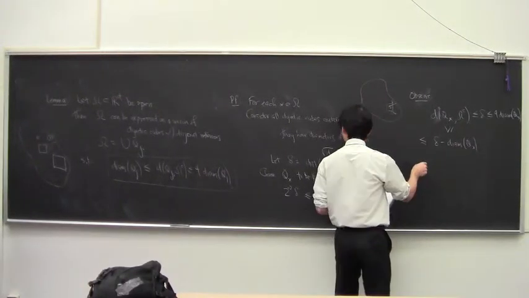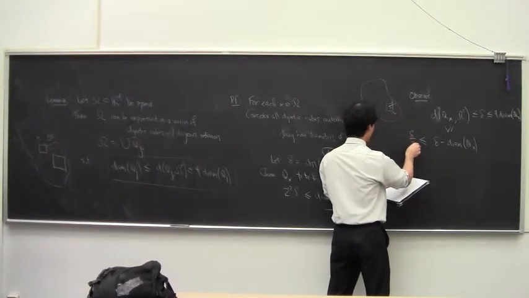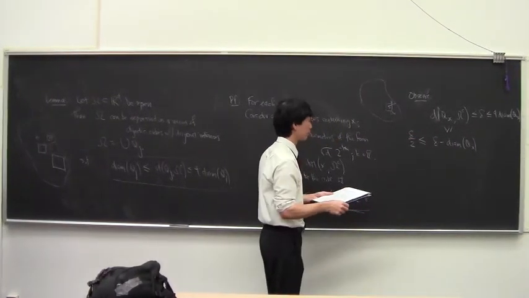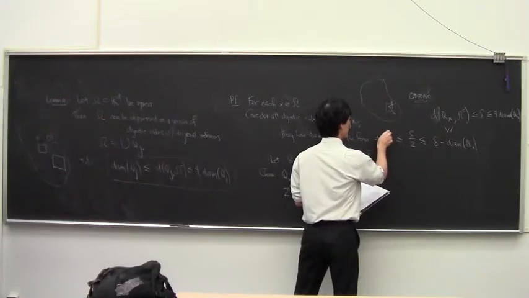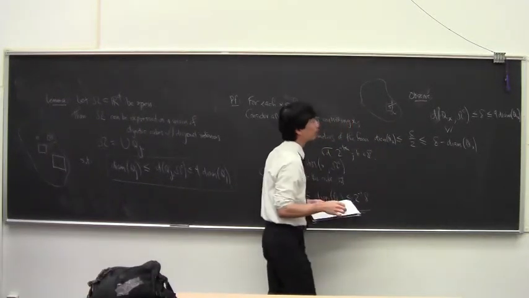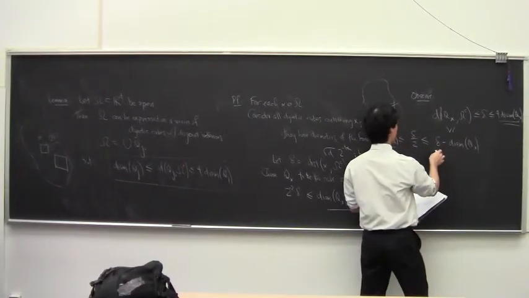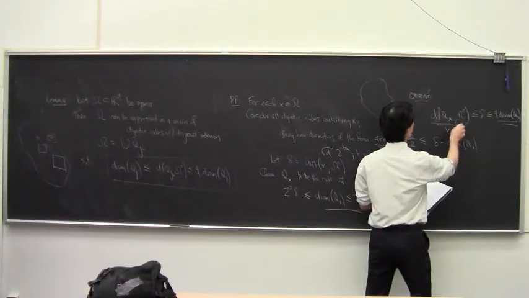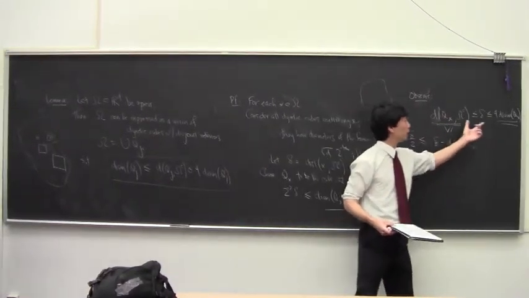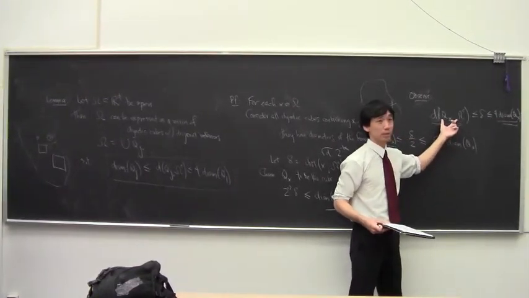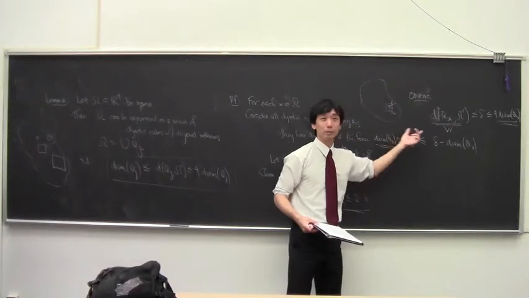Which, by this thing, is bigger than delta over 2, which is bigger than the diameter of q sub x. And so, in other words, we have the inequality that we wanted, right? That the distance of the cube from the boundary is between the diameter of the cube and 4 times the diameter of the cube.